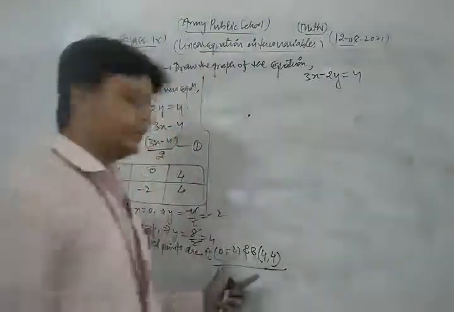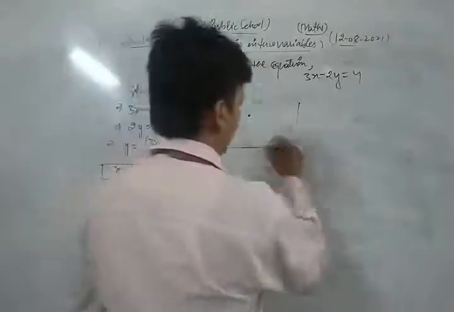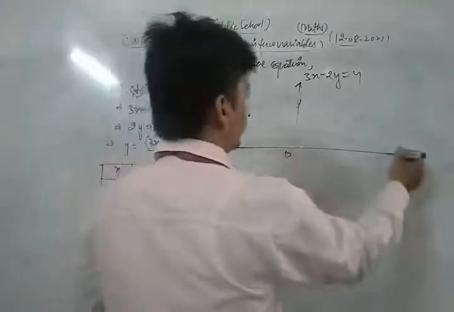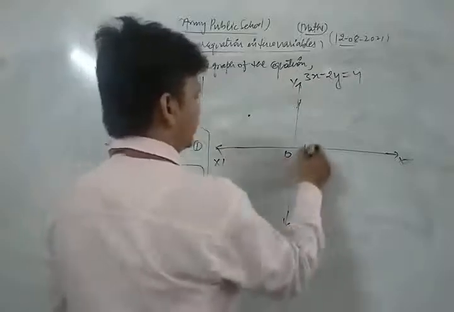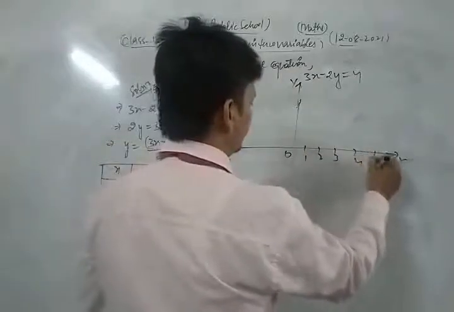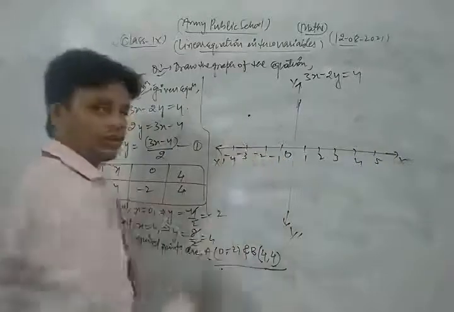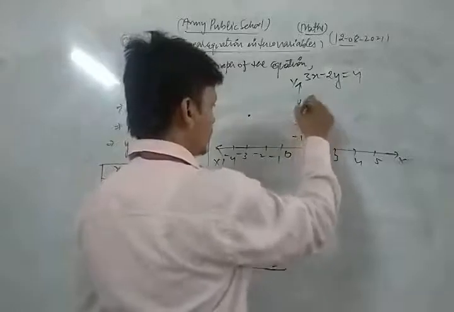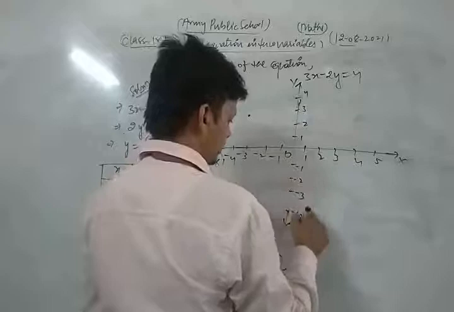Now we plot these points on the graph. You know that on the graph paper you draw the x and y axes, with 0, x dash, y dash. Positive direction of x is 1, 2, 3, 4, 5, and negative is minus 1, minus 2, minus 3, minus 4. Similarly, plus 1, plus 2, plus 3, plus 4, and minus 1, minus 2, minus 3, and minus 4 on the y-axis.